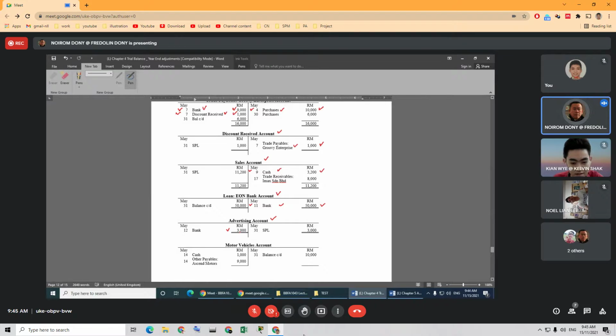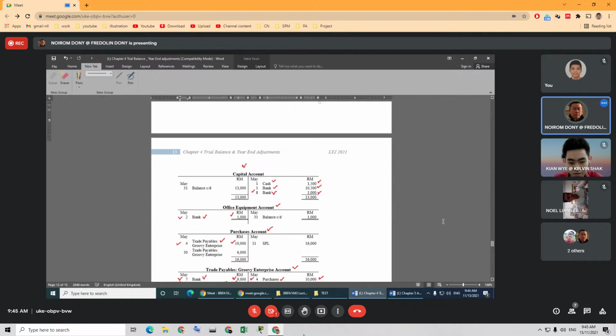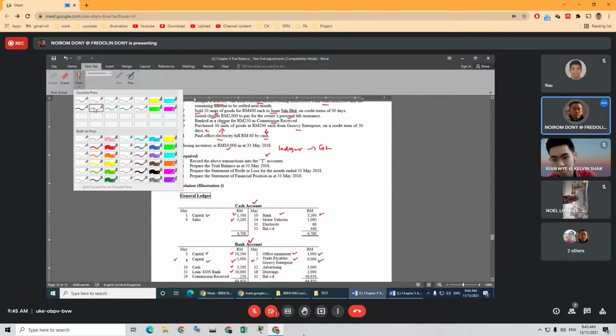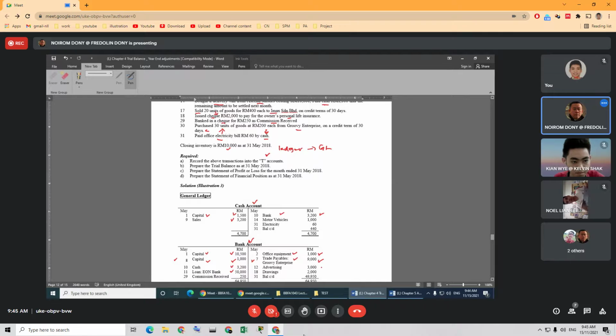Record on the debit side 3,000 in the advertising account. And the corresponding account in the particular, again, is bank. Meaning in your bank account, you have to credit 3,000, and the heading here, the particular, you put advertising.